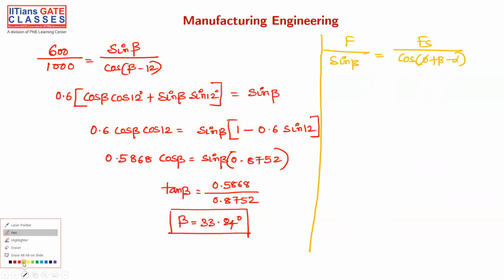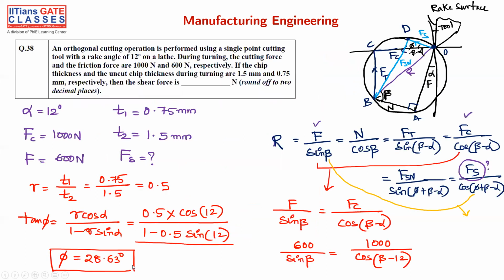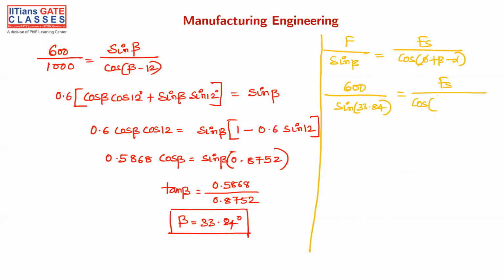So we know the value of F. What is the value of F? F is nothing but 600. 600 divided by sin beta, we know the value of beta, that is 33.84 degrees, is equal to Fs, which we don't know, that's what we have to find. And what is the value of phi? Phi is nothing but 28.63, right? 28.63 plus beta, which is 33.84, minus 12.